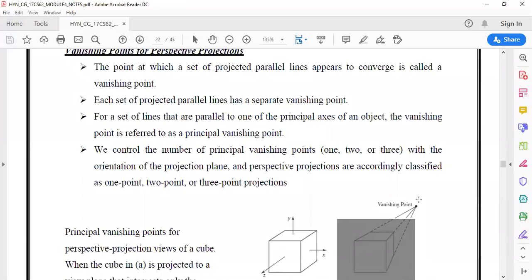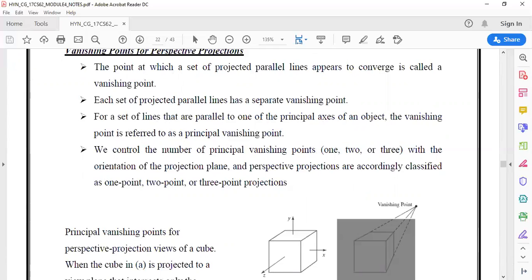That means if I project here, I will have one vanishing point. If I project this side, I will have one more vanishing point. So each set of projected parallel lines has a separate vanishing point. For a set of lines that are parallel to one of the principal axes of an object, like this line, which is parallel to the Z axis, the vanishing point is referred to as the principal vanishing point. We can control the number of principal vanishing points: one, two, or three, with the orientation of the projection plane.